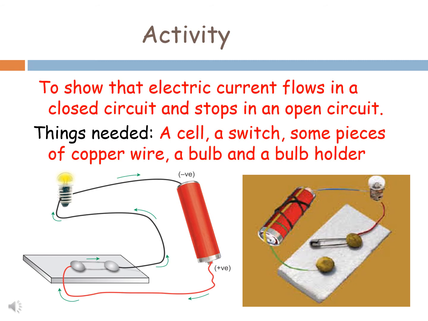And if the circuit is broken, meaning the switch is off, if we disconnect this safety pin or break the circuit, the current will not flow and the bulb will not glow. So we can understand with the help of this activity that current flows in a closed circuit and stops in an open circuit.